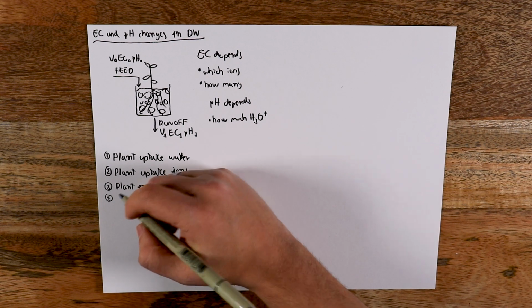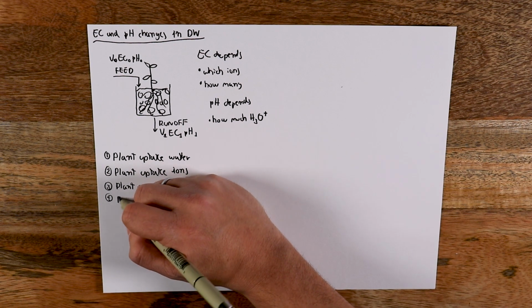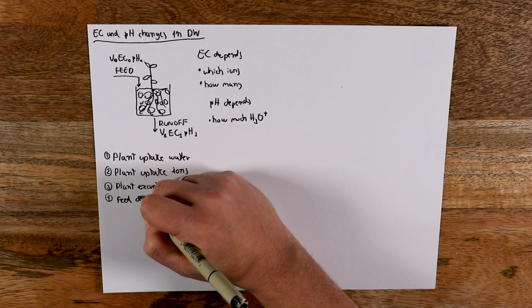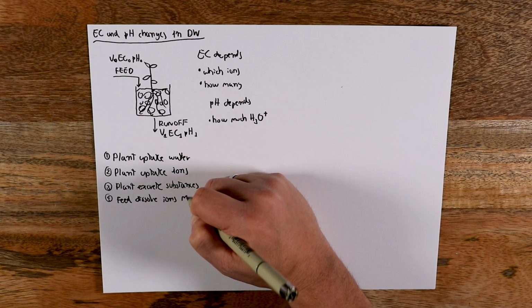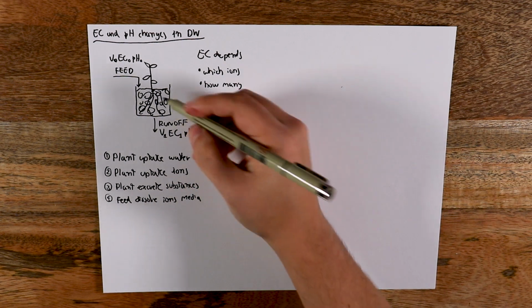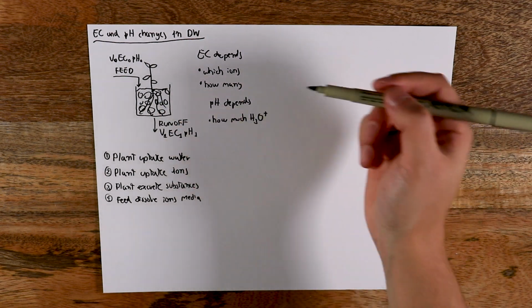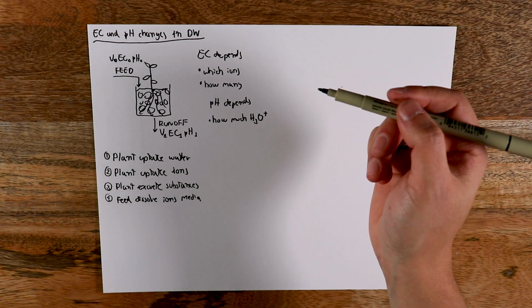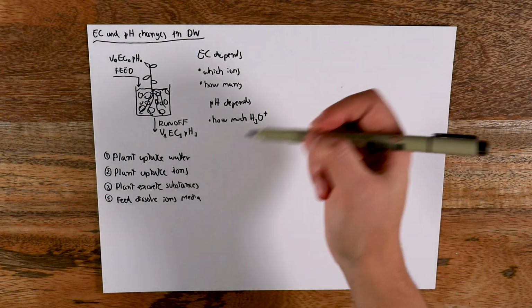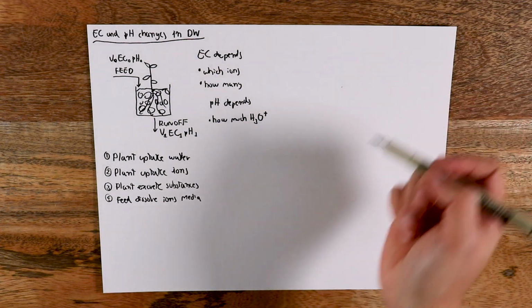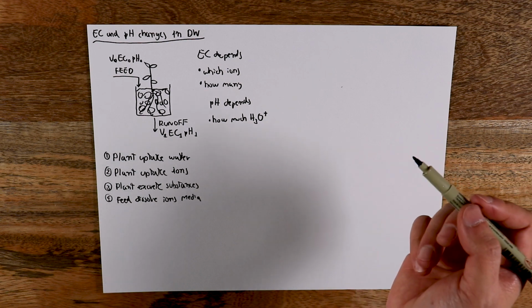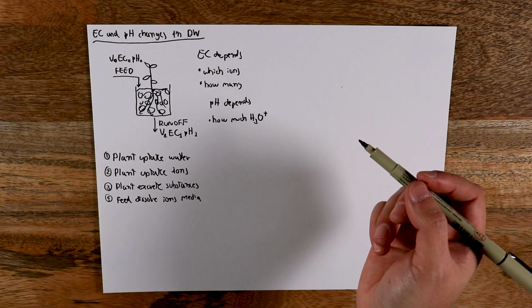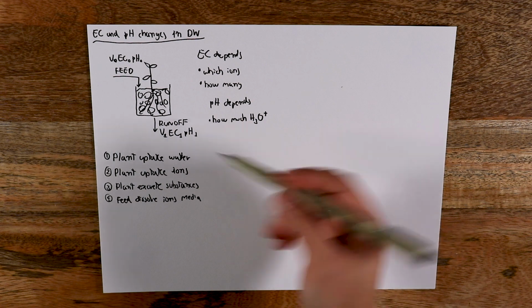And four, the feed might actually dissolve ions in the media. So things can actually accumulate here or can be present there due to the media. So either the media can carry them from the beginning, like coco coir can carry significant amounts of, say, sodium chloride or potassium chloride, or they can just accumulate by feeding.